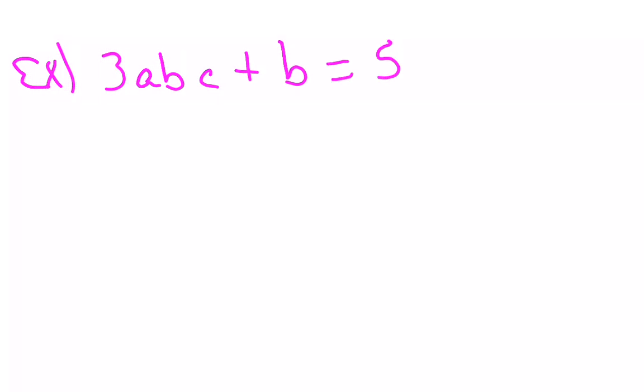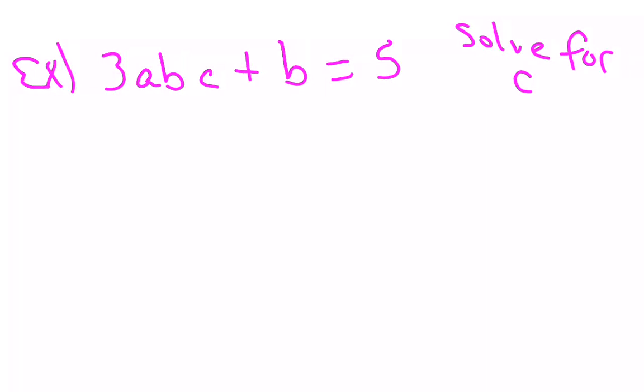Let's look at another example. 3abc plus b equals 5. And we want to solve for c. Okay, so we've got a lot of things going on, but again, we rely back on our skills and start solving.